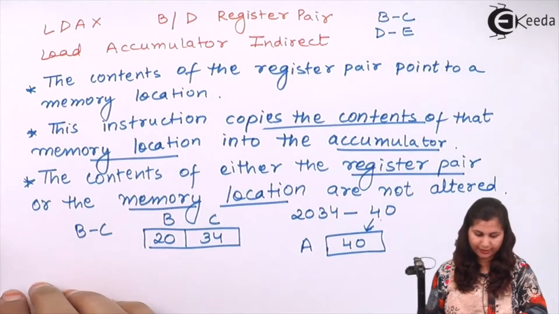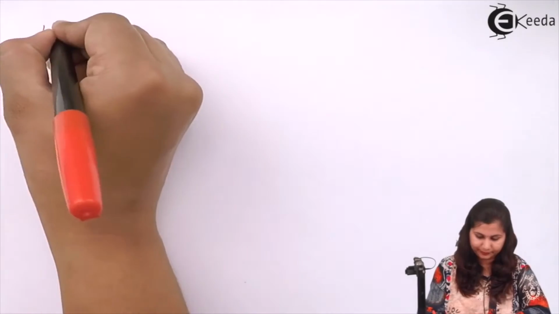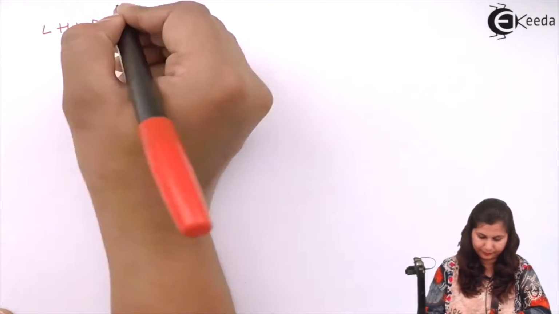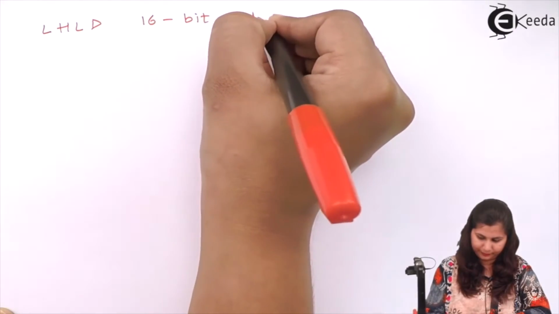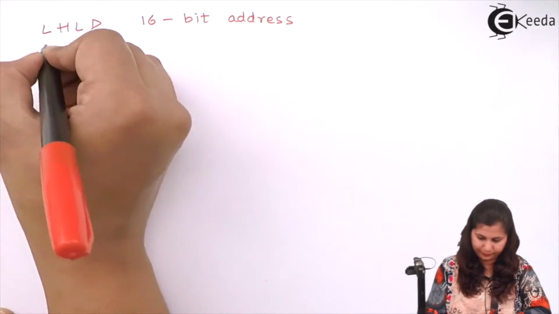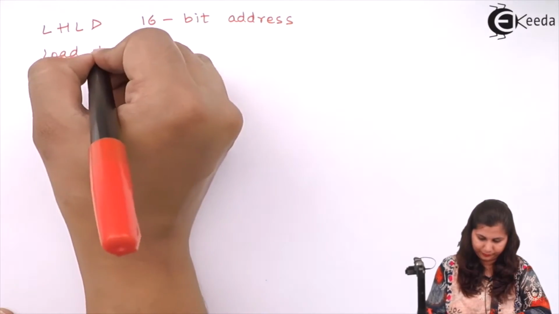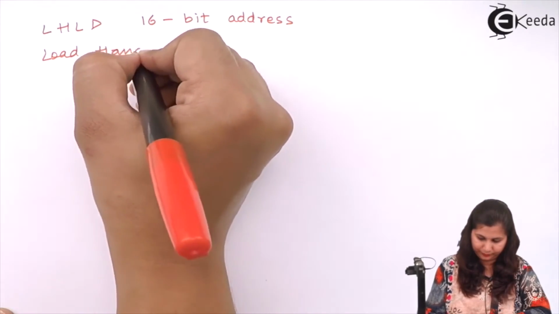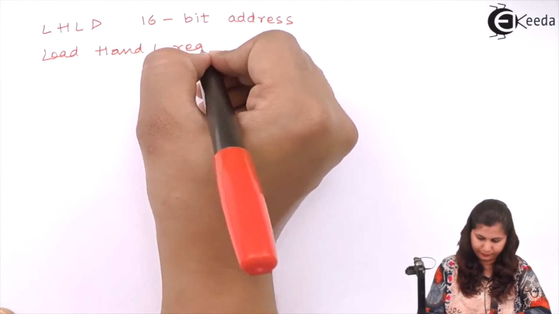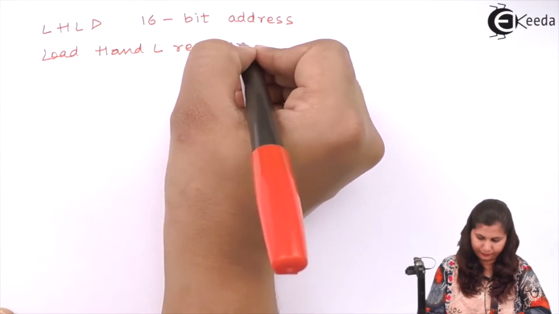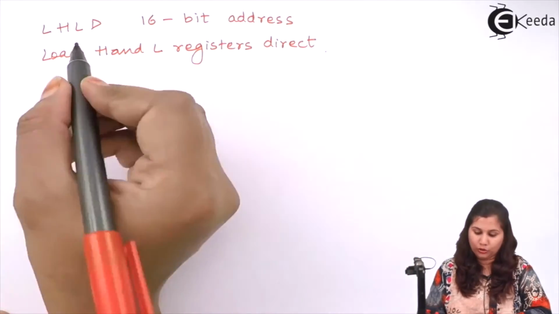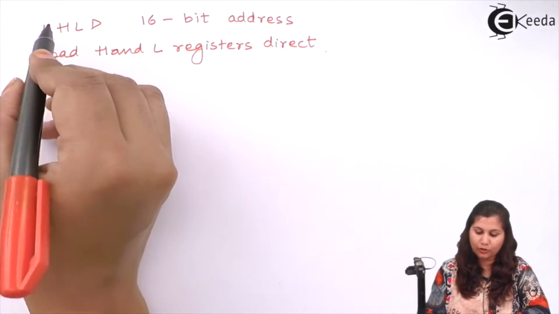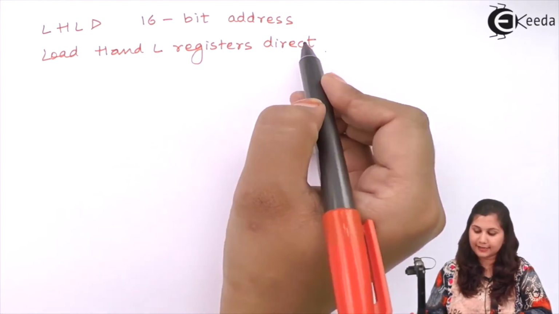Next instruction is LHLD. So this instruction is loading the H and L registers directly.